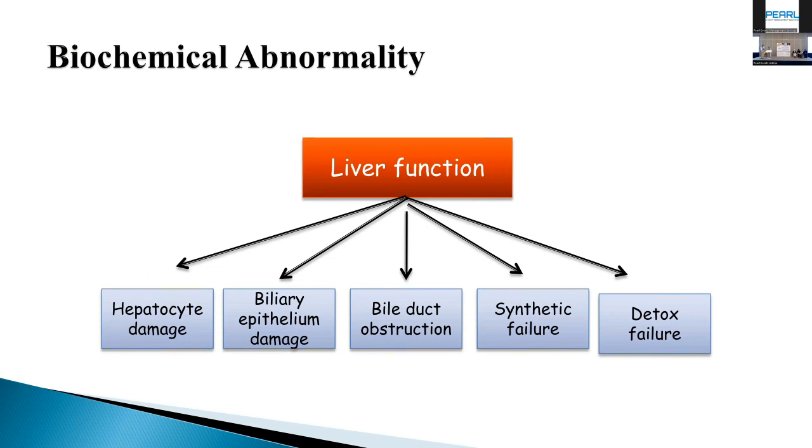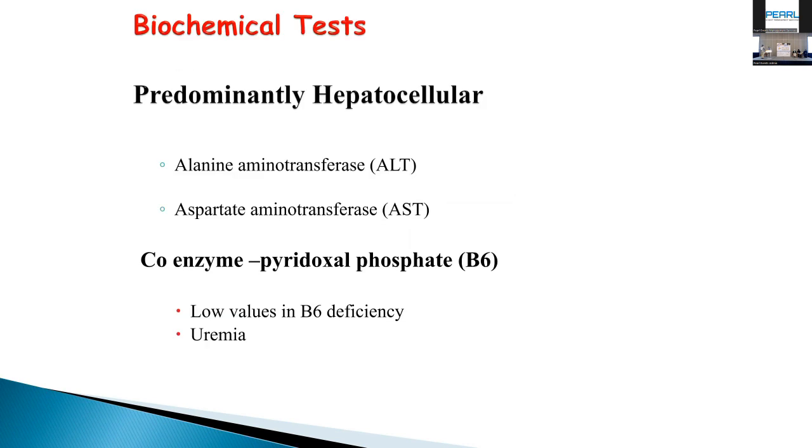The liver does several functions, and there are a few common tests which we can do that tell where exactly the problem is. Starting with hepatocyte damage, we look at two enzymes, AST and ALT. These are quite common enzymes, and essentially they help in transferring amino acids, and you know the normal values.